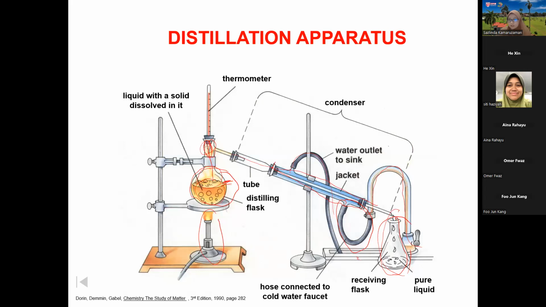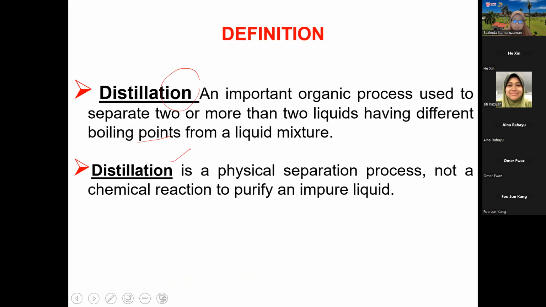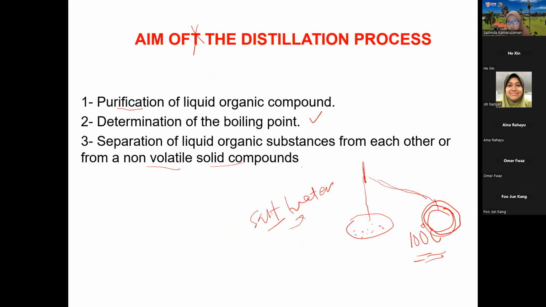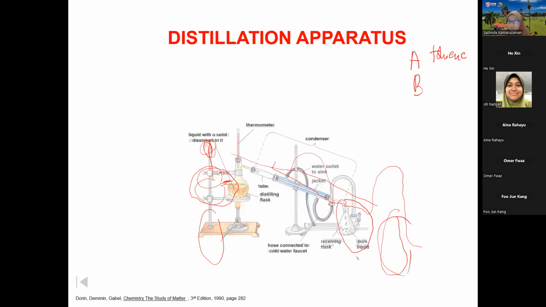Another important thing I want to highlight is the mixture. For example, you have liquid A and B, or you have toluene and also cyclohexane. You know that the difference in boiling point between these two in the mixture is quite significant, more than 20 degrees. So of course you can use a simple distillation.